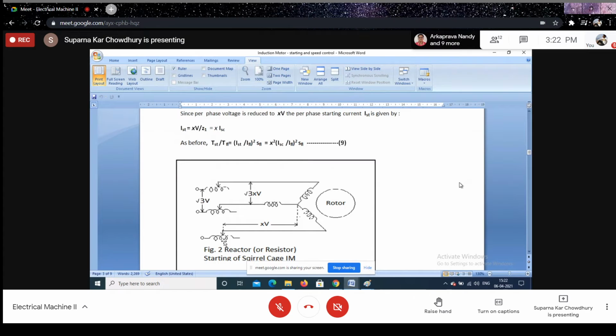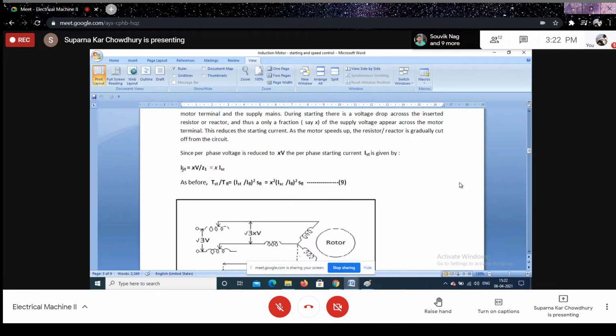Here a reactor has been shown, it can be a resistor also, but normally for an induction motor we go for a reactor because a resistor will cause additional I square R loss. However, in some circuits it might require resistor starting because reactor starting increases the reactance and makes the time constant larger.